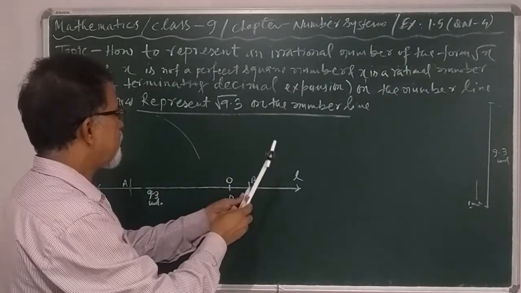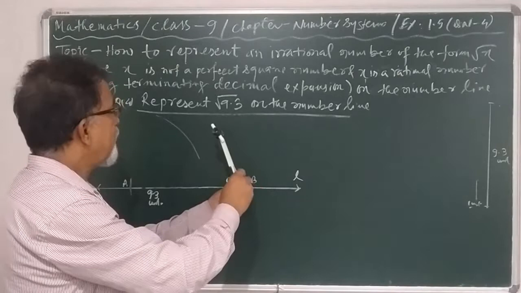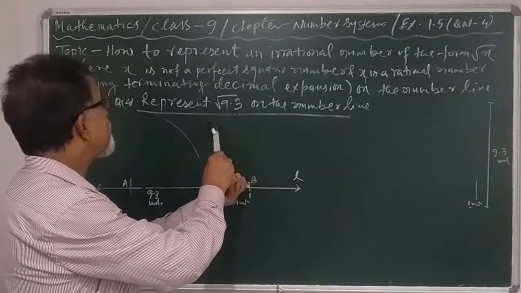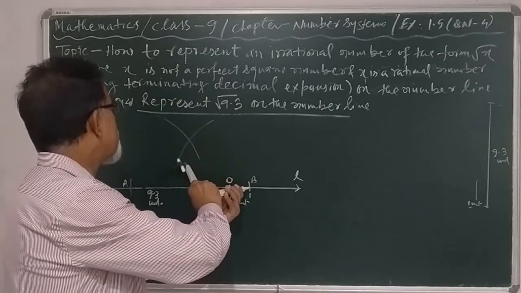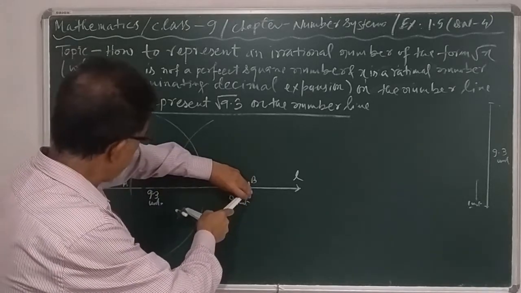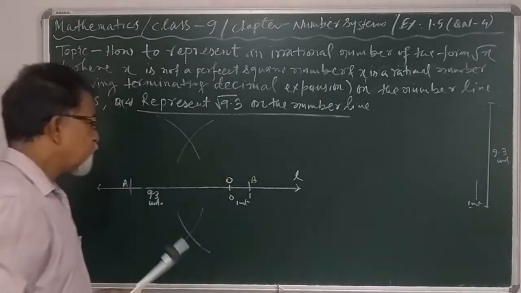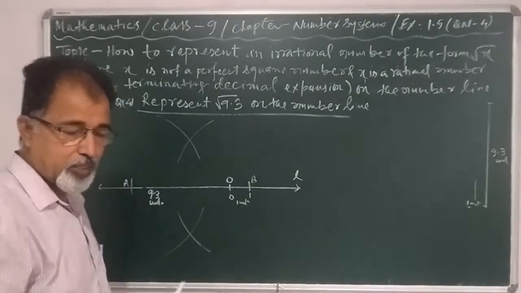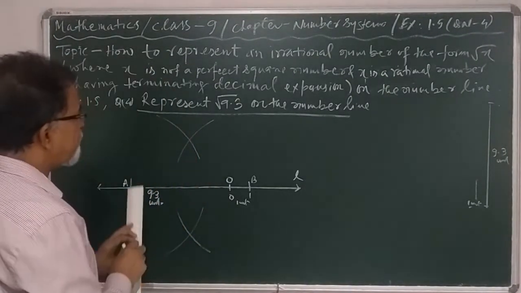Again, with center B and an equal radius, I am going to draw two arcs which intersect the previous arcs at two different points.